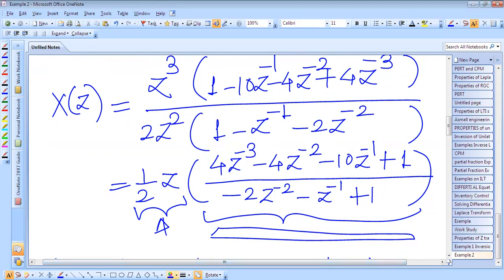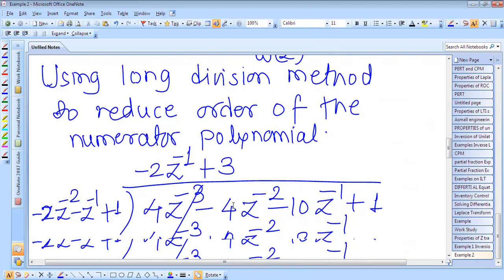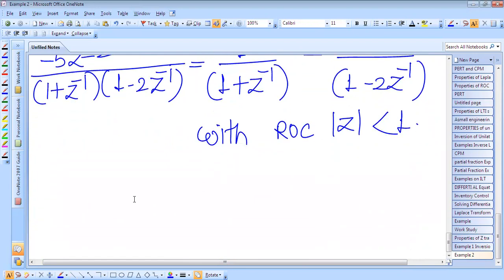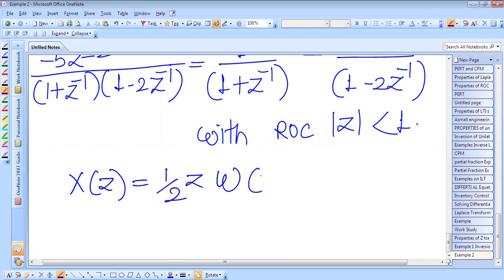We will give the name W of z to this. So we write half of z into W of z, that is X of z. X of z is equal to half into z into W of z. Okay, so what is the W of z we have got here?